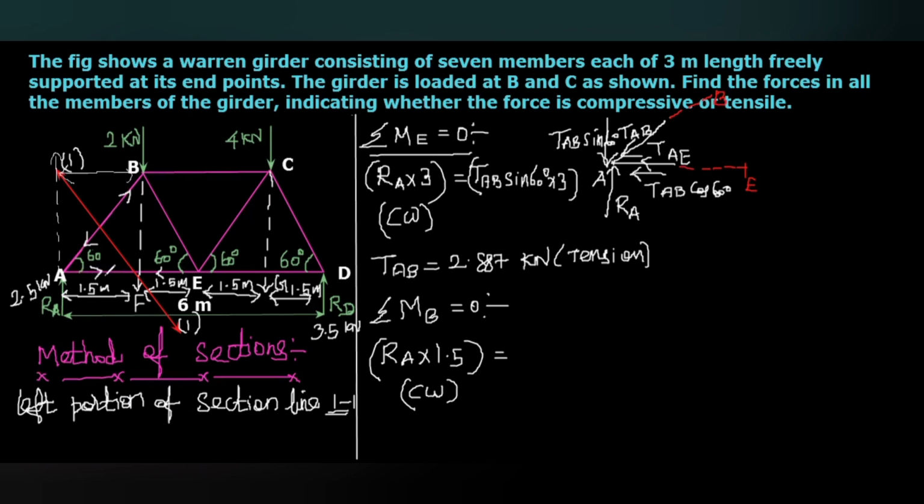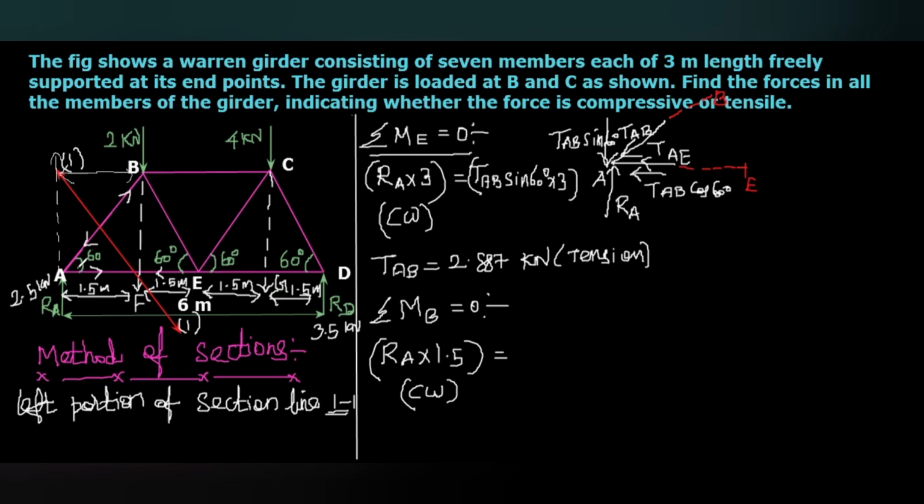the moment of the force, that is tension in the member AE, and then the vertical distance BF. Actually, this distance is not known as of now, so we have to calculate the value of BF using the trigonometry principle. So RA into 1.5.